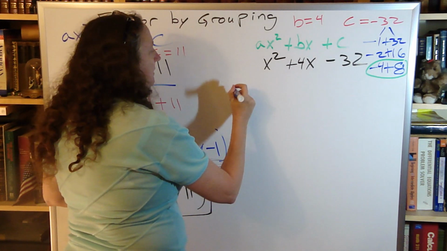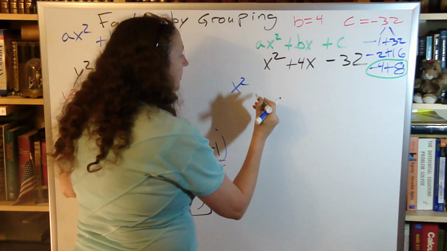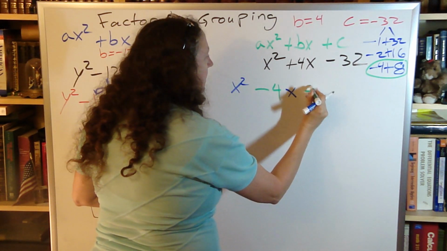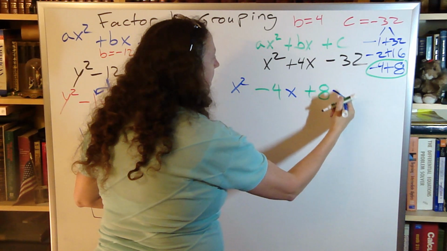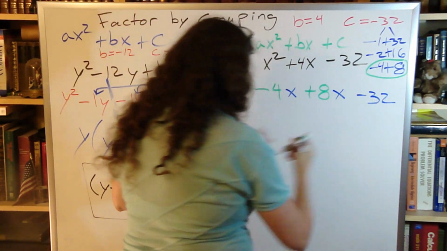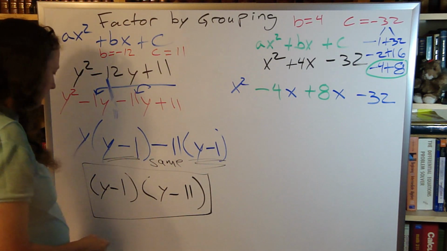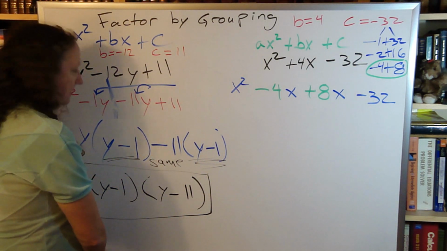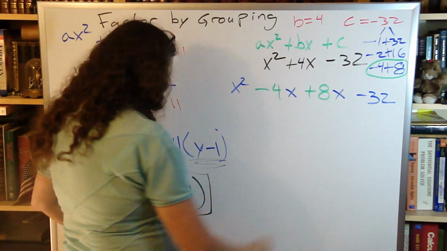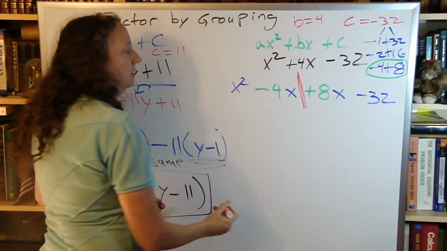So I have x squared minus 4x plus 8x minus 32. The 4 and the 8 came from there. Split it in two parts.